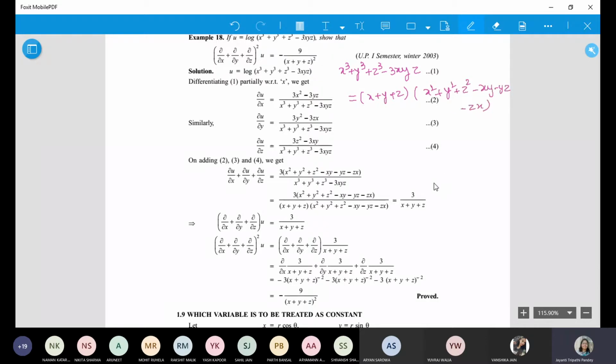This is the identity. If you don't remember the identity, you won't be able to solve it. So when you add, you got it like this, and then you split it. When you split it, you get the same thing, so this is cancelled, and what is left is 3 upon x plus y plus z.